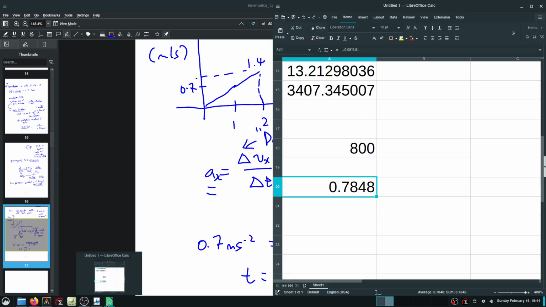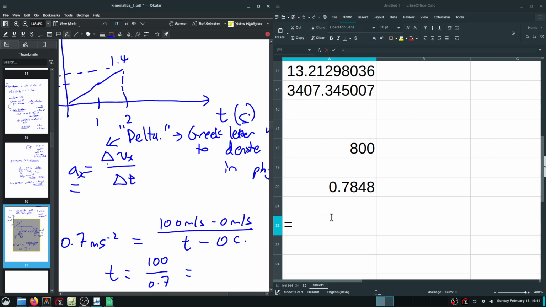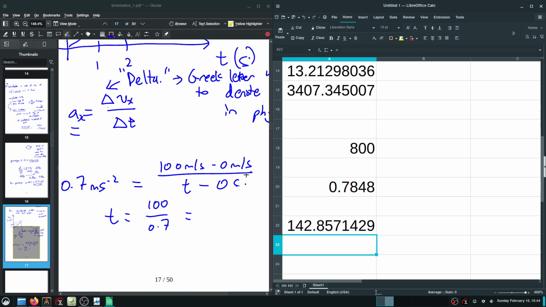Okay, again I will use my trusty LibreOffice. 100 over 0.7 seconds. 142 seconds. Okay, 142 seconds.